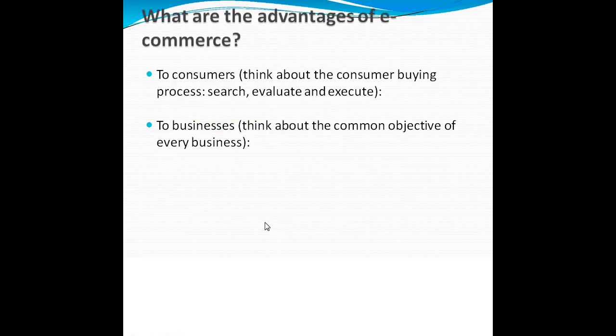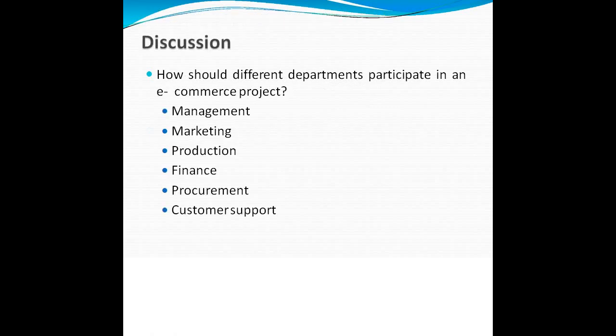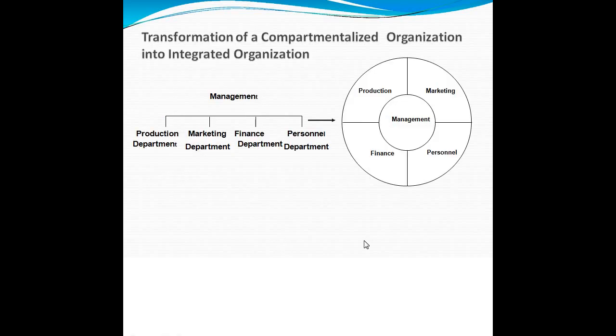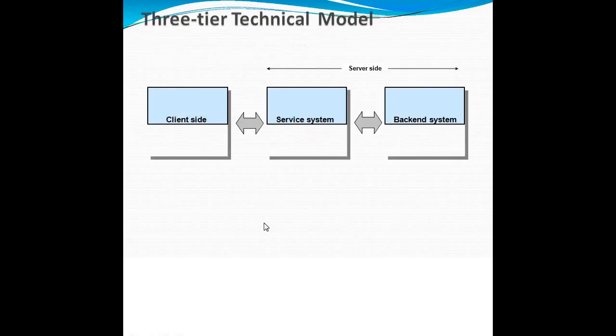Then we learned about the advantages of e-commerce. Then we discussed how management is helpful for e-commerce projects, where management relates to different fields, maybe production, marketing, finance, customer support, how they transform information and how they correlate with each other, then how they follow client and server architecture on the client side or server side.